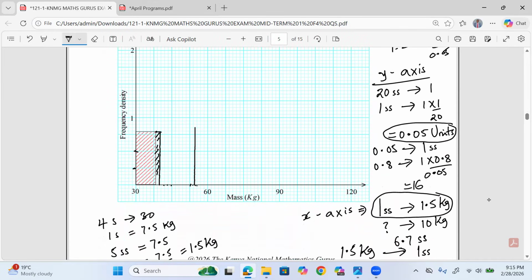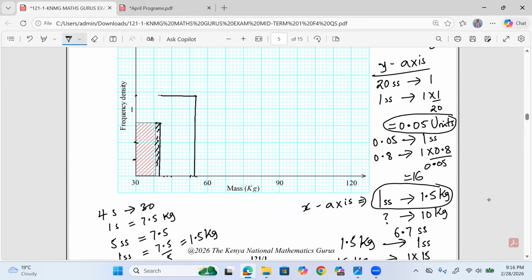So we have 5, 10, 15, 20, 24 up to that point. 24 small divisions. Like that, we complete our bar.